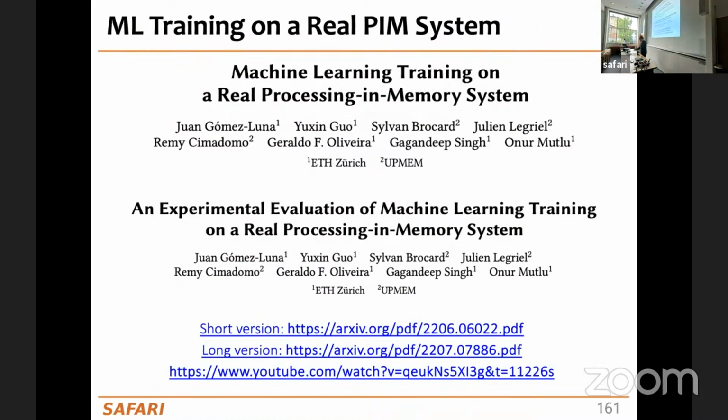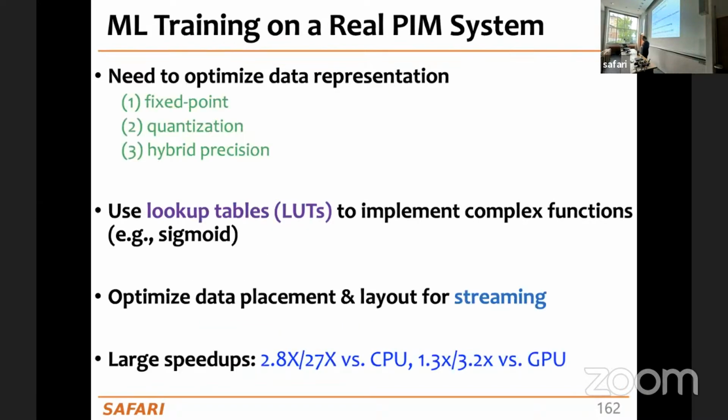We've also looked at doing machine learning training for classical machine learning models on this UpMem system. Again, you need to work hard as a programmer to make this work at high performance. Essentially, you need to optimize data representation so that you don't do complicated operations. You need to reduce the data precision, and you need to use hybrid precision.